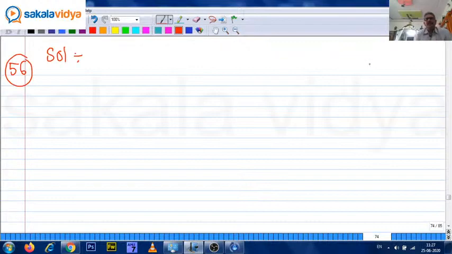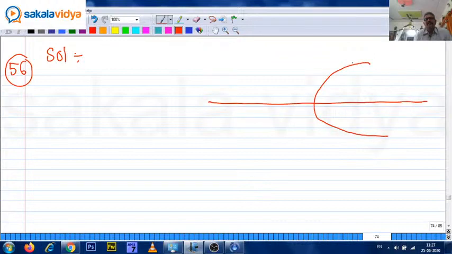So draw the figure. This is the axis. This is the LL dash latus rectum. Join this one. Now we need to find out area of this triangle. This will be the height, this will be the base.